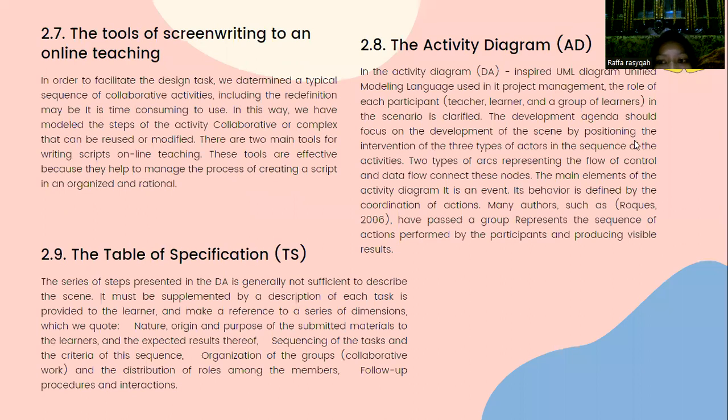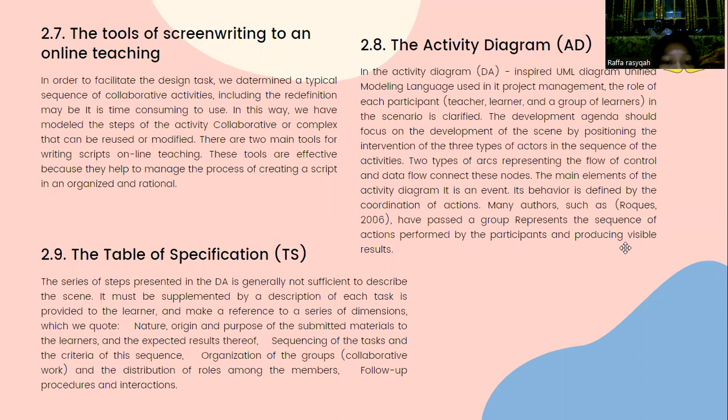And then point 2.7, the tools of screenwriting for online teaching. Okay, in order to facilitate the design tasks, we determine a typical sequence of collaborative activities, including the redefinition. Maybe it is time consuming to use.